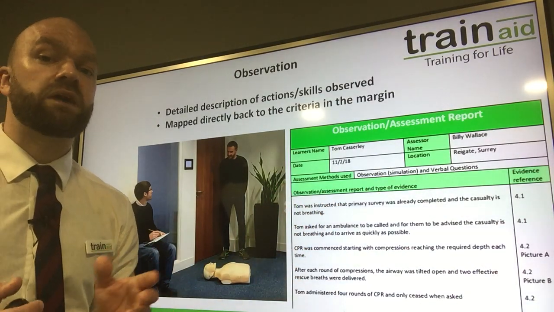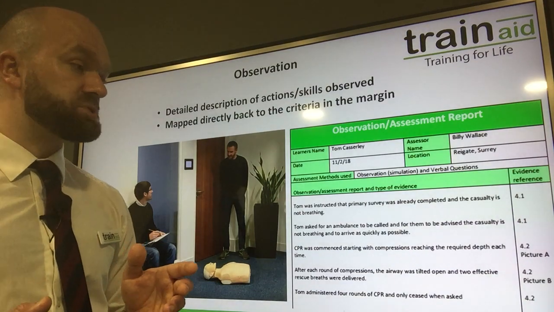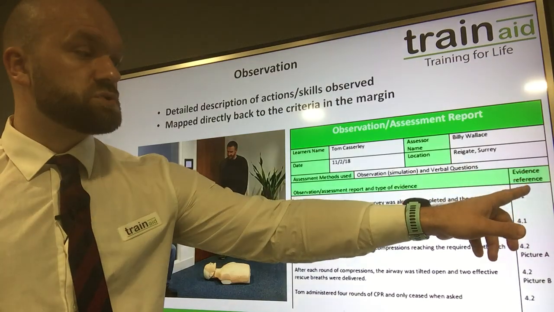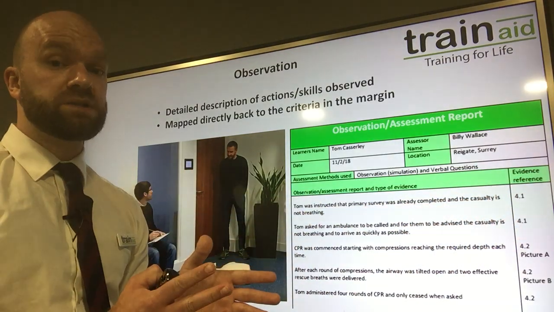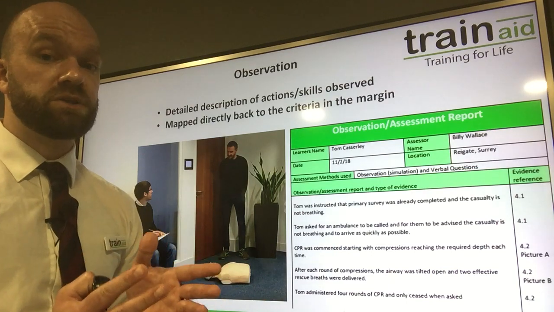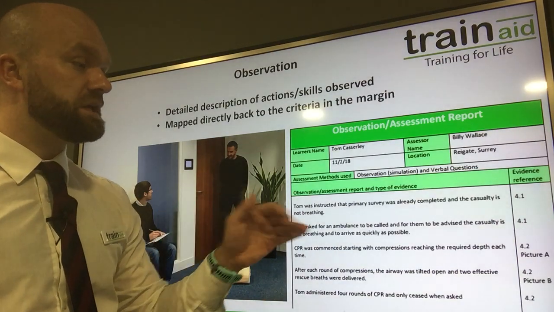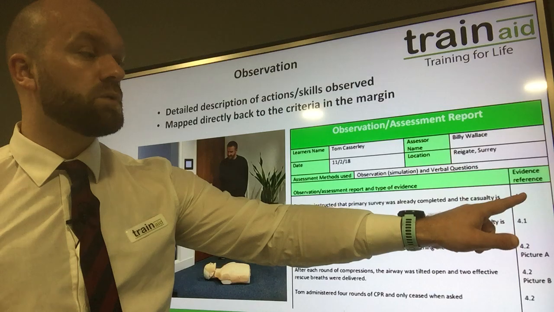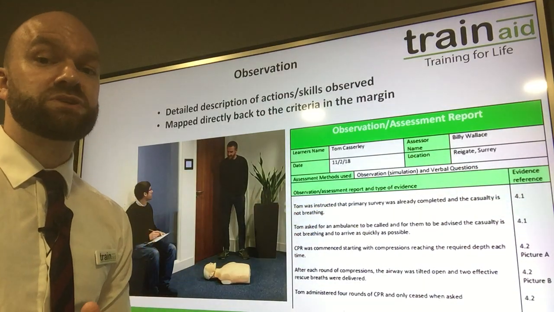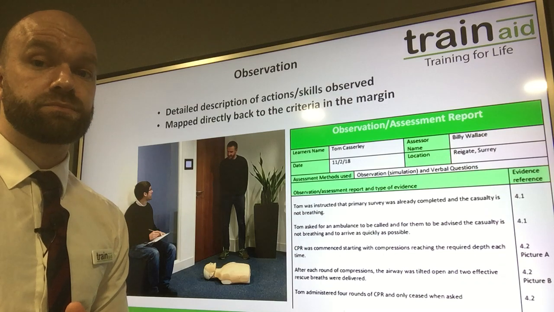So writing down the notes is very important here. On the right-hand side, we have the evidence reference. This relates to the criteria that we have established that you are going to be using. So everything that you do see, make sure that you are referencing it against your set of standards or criteria.